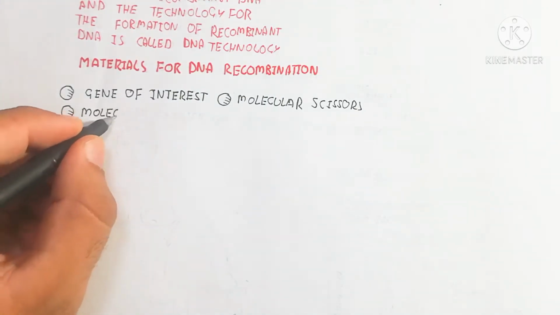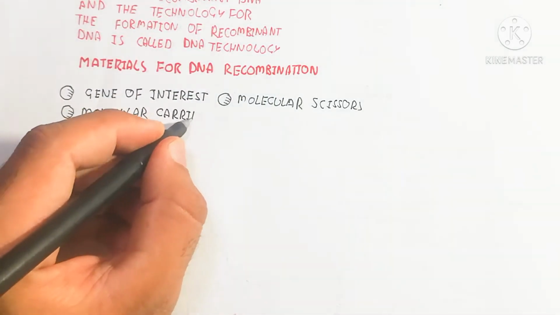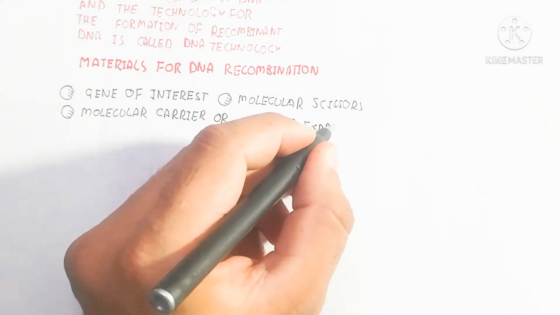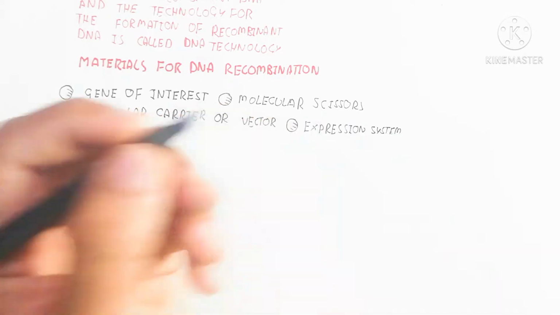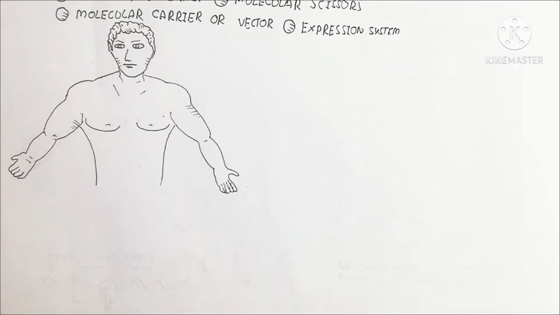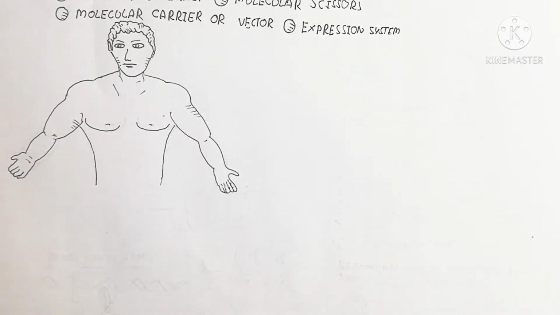Then the molecular carrier or vector is used, for example the plasmid. The last one is the expression system. One by one we will discuss the gene of interest, molecular scissor, molecular carrier or vector, and expression system.